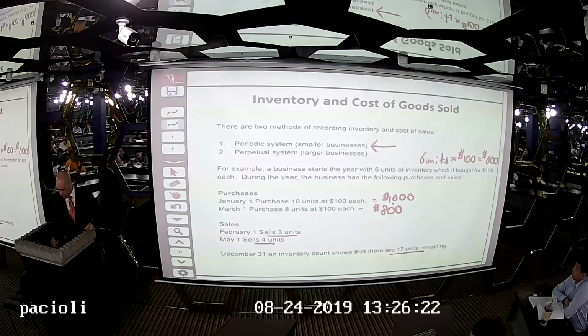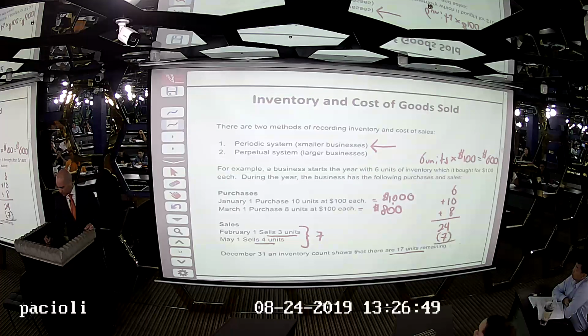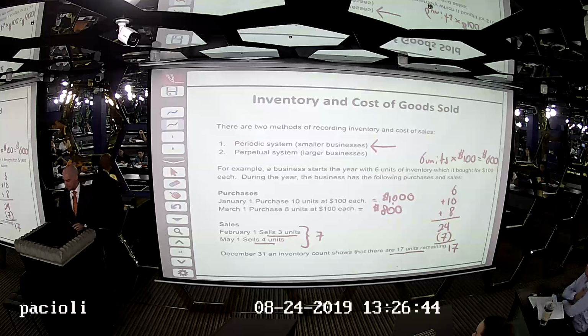Okay, and so they sold a total of 7. So we started with 6 plus 10 plus 8, so 24 minus the 7, and we get the 17 that are remaining at the end of the year.